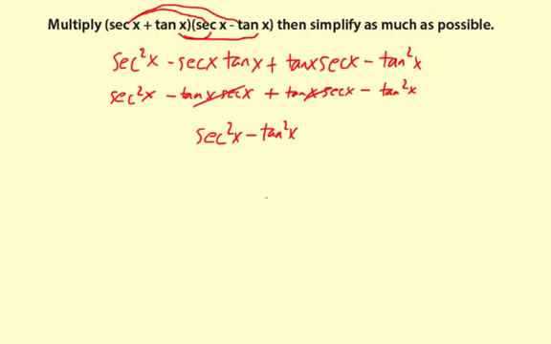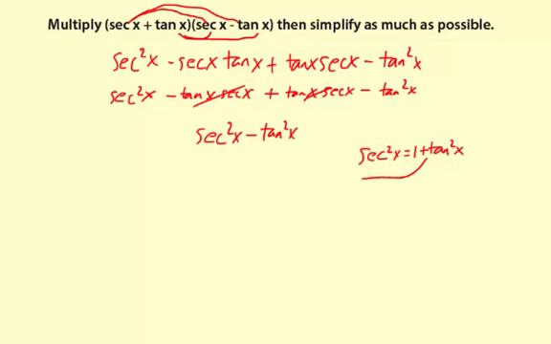Well, now we're going to apply a Pythagorean identity. I'm going to apply it to the secant squared x, because the secant squared of x equals 1 plus the tangent squared of x.